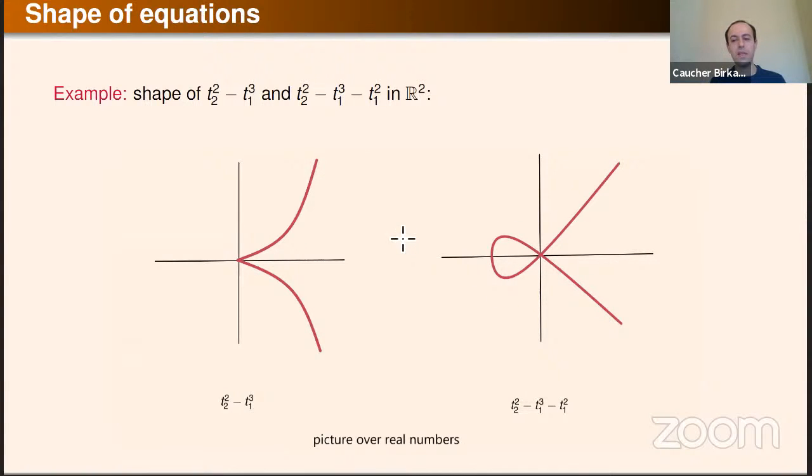So these are exactly the kind of thing we already can see in high school. But the thing is that in high school, maybe no one told you that this curve, this shape here, has a singularity at the origin. And similarly, this shape also has a singularity at the origin. So we can say something about these shapes which were not discussed in high school. We talk about them in a different sense.